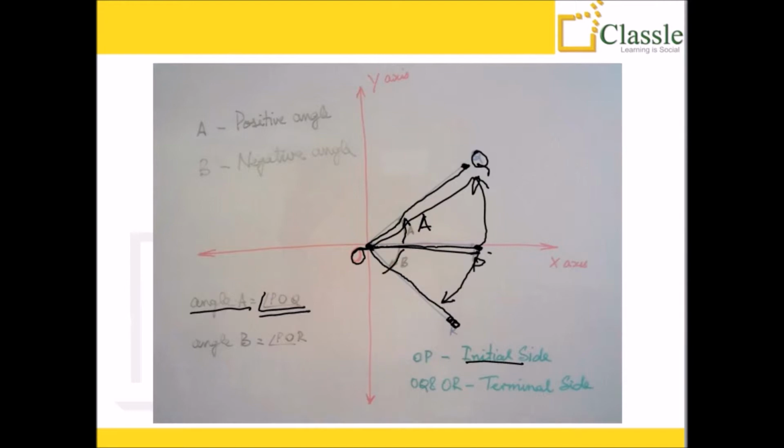Then this angle B, which is POR, is angle B. So this one moved in the counterclockwise direction, and so angle A is called a positive angle, and B moved in the clockwise direction, so it is called a negative angle.